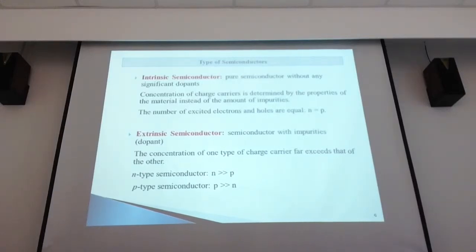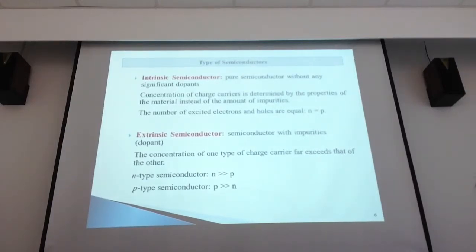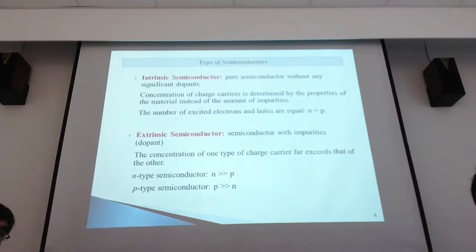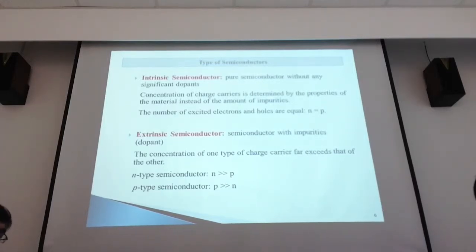Or I say I put 0.01 moles of impurity. So 0.01 moles of impurity means how many atoms? 6.023 times 10 power 21. Now you can imagine, I am just putting 0.01 moles. It's like 1 milligram, like a pinch of salt.